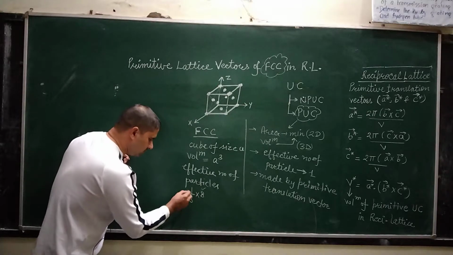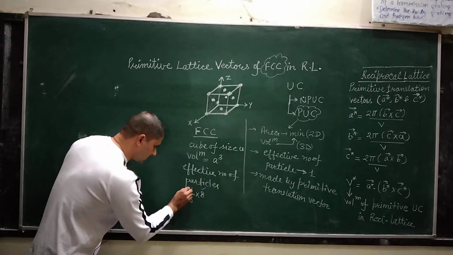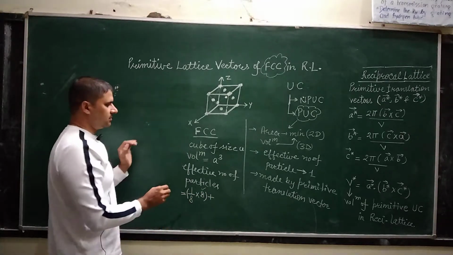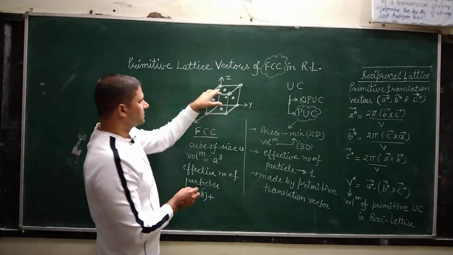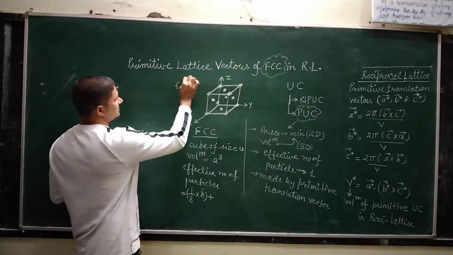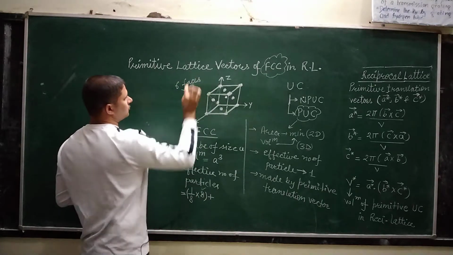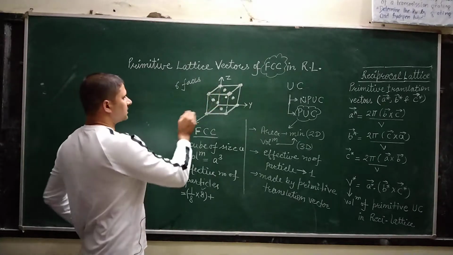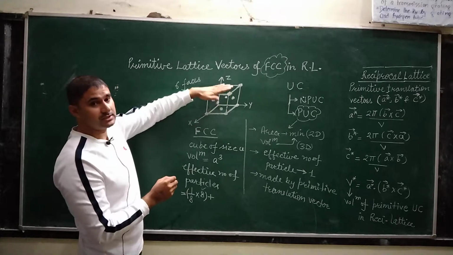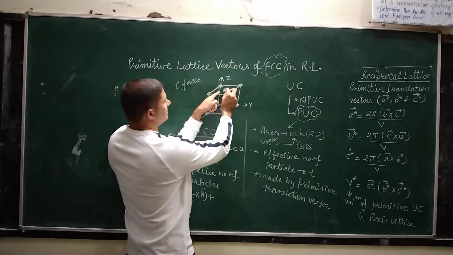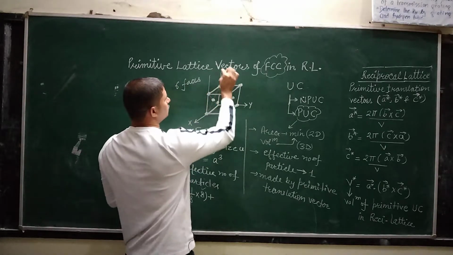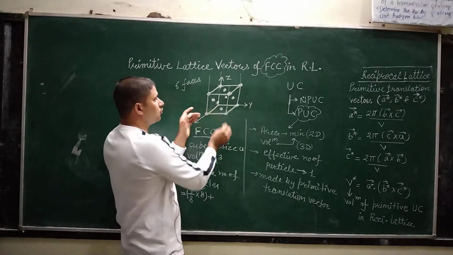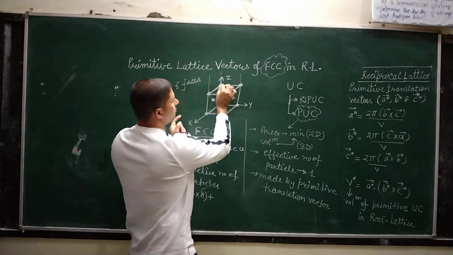So the contribution of the particles which are at the corner is this much, and then plus, see how many faces are there. This cube has 6 faces, and a particle is present in the middle of each. For the particle in the face, you can make a cube above it, so this particle is shared by 2 cubes where this face is common.